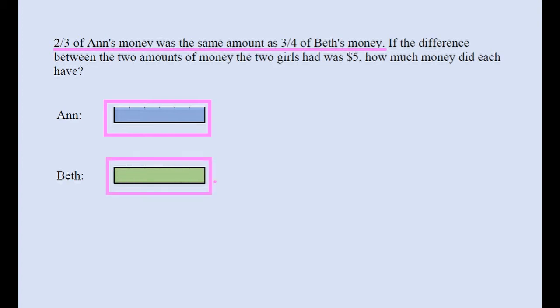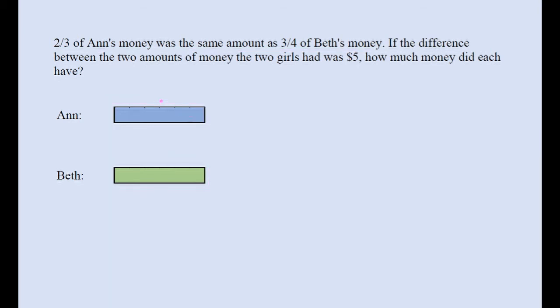This is 3/4 of Beth's amount, and this is 2/3 of Ann's amount, and they are the same size. Now I need to use 2/3 of Ann's money to construct or represent the entire amount that Ann has, and I'm going to use 3/4 of Beth's amount to represent the entire amount Beth has.